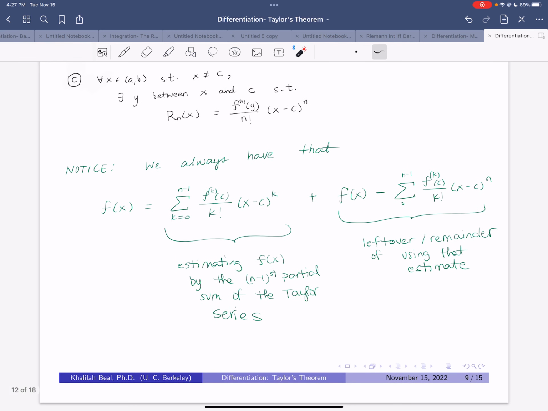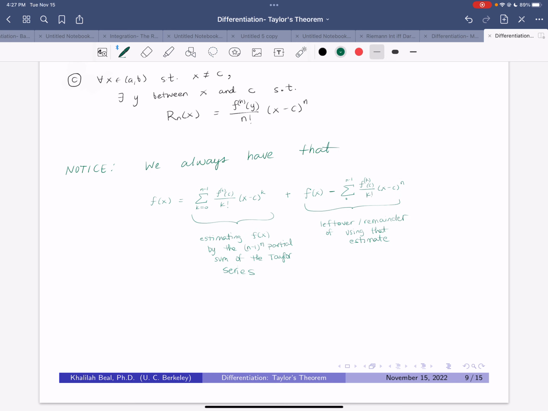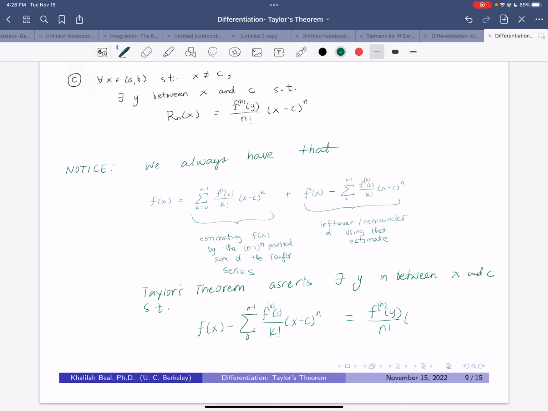So in other words, Taylor's theorem is asserting there exists a y in between x and c such that f of x minus that sum is really equal to the nth derivative at y over n factorial. Okay? And a way to write that would be to say f of x is actually equal to this plus this.